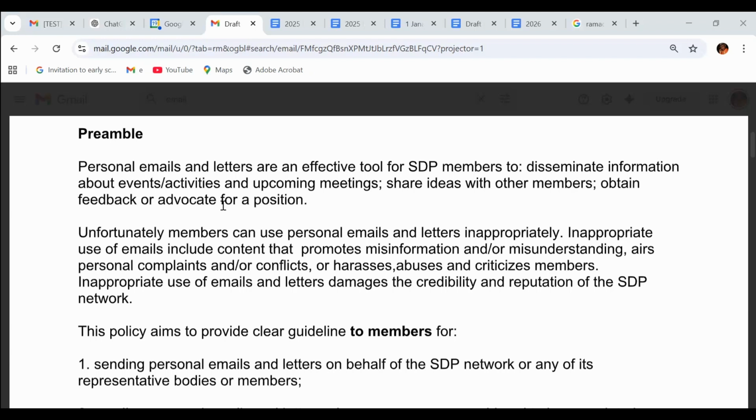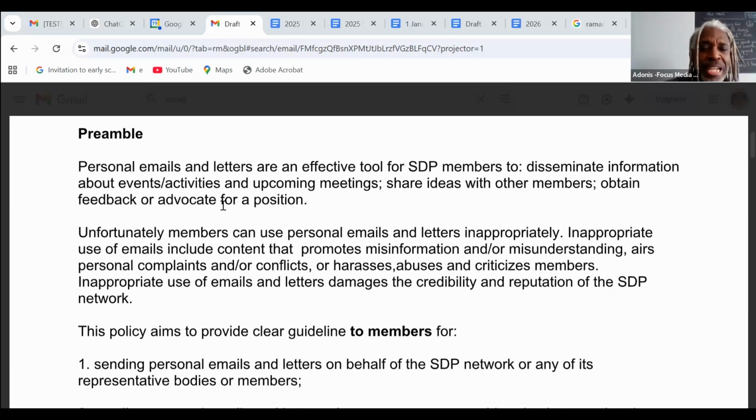Thanks. Okay, before we continue with Waleed, who would be next, I just want to be clear, because it seems to me the main issue here is sending an email or a letter on behalf of the SDP, which is covered in this.